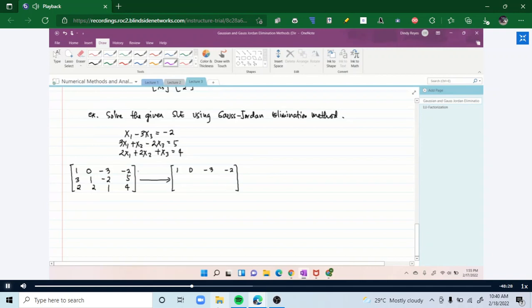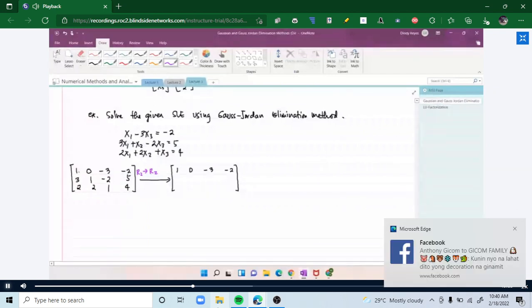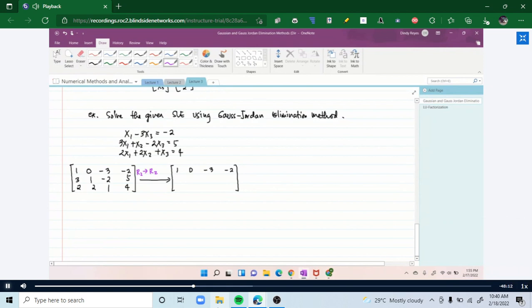Okay. So making this a 0, we'll change row 2. If we multiply row 1, we'll use row 1 because it has a leading entry already, by negative 3 and then you add them, you get a 0 for this particular entry. So R2 minus 3 R1. This will be 0.